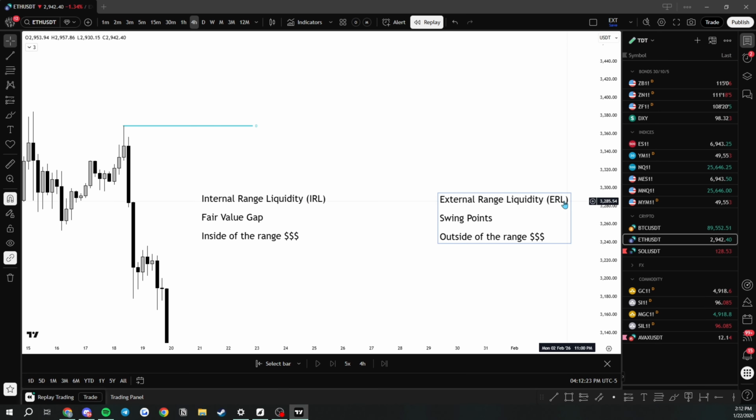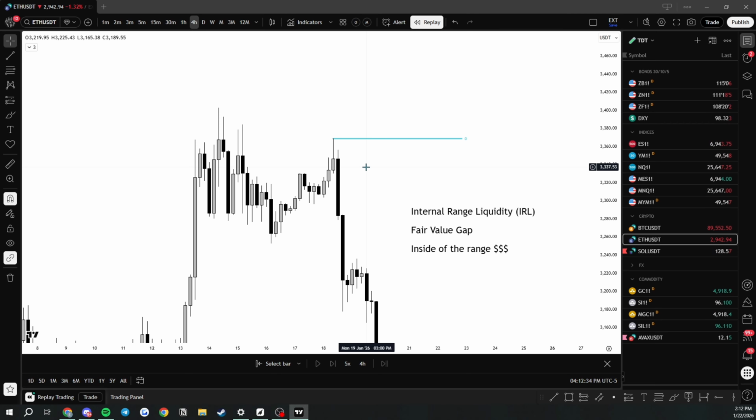Essentially, a swing point, ERL, 3 letters, we're looking for 3 candles, right? Candle 1, candle 2, candle 3. The definition which we operate on is that candle 2 is either the highest amongst the 3 or it's the lowest between the 3. If it is the highest between the 3 candles, then it is qualified as a swing high. So how can I double check myself to make sure that I have the right swing high annotated?